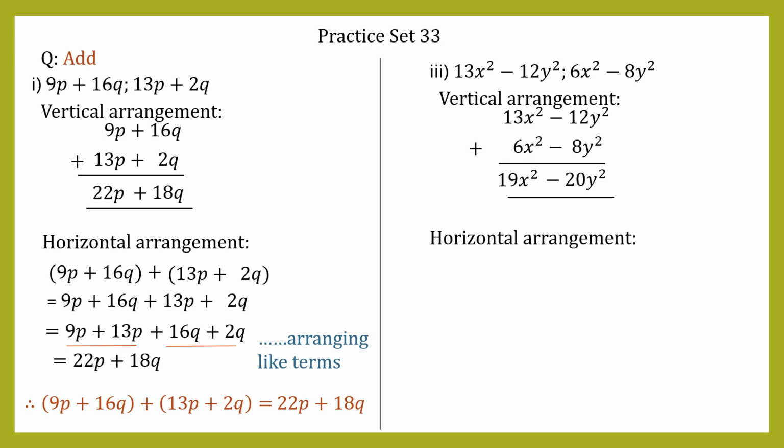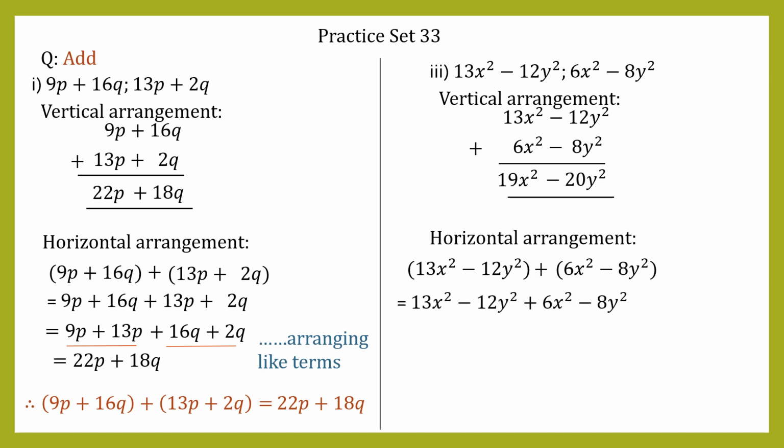Next, horizontal arrangement. 13x squared minus 12y squared. Next expression, 6x squared minus 8y squared. In between we have a plus sign. Now while opening the bracket, the sign of all the terms will remain the same.